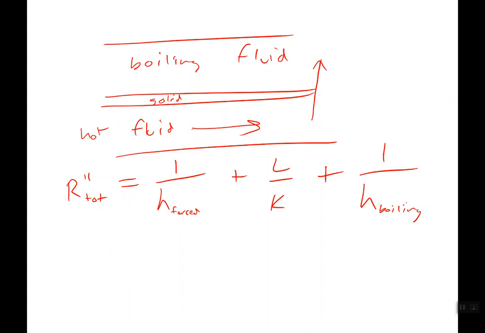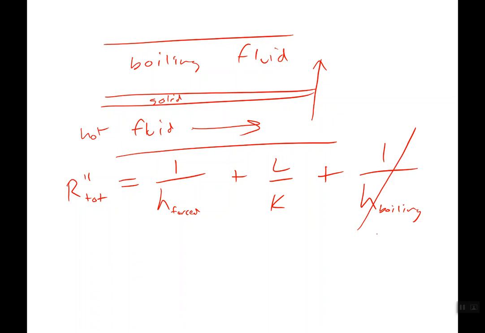So what would it tell us if we made the assumption that the heat transfer coefficient on the boiling side was really, really high? How could we reduce that equation? Okay, we could just make the last term 0.